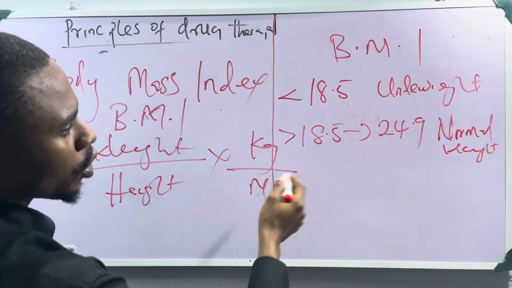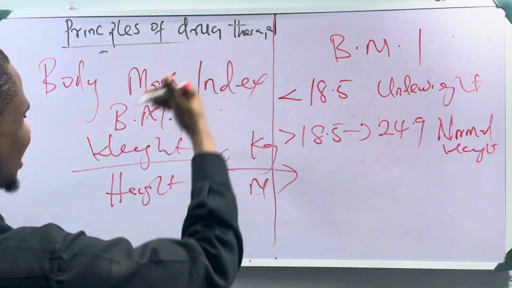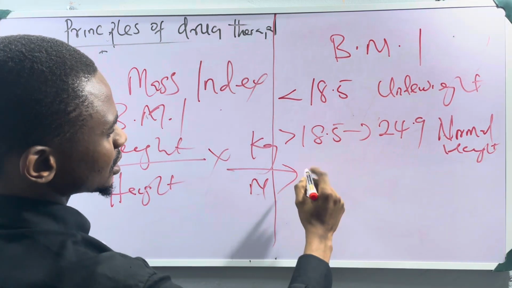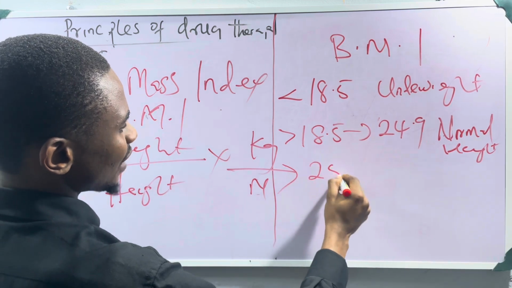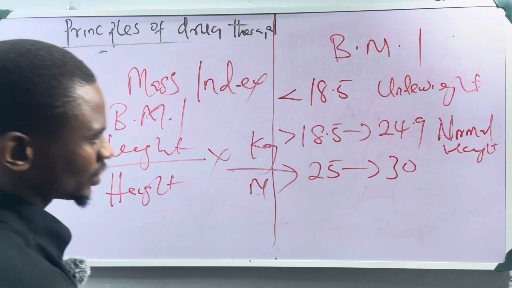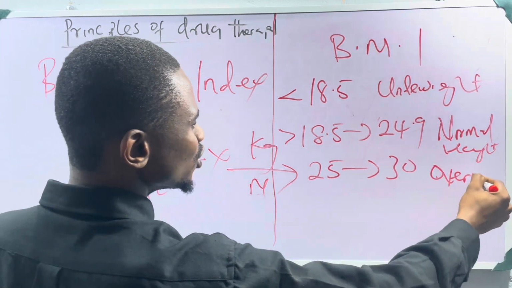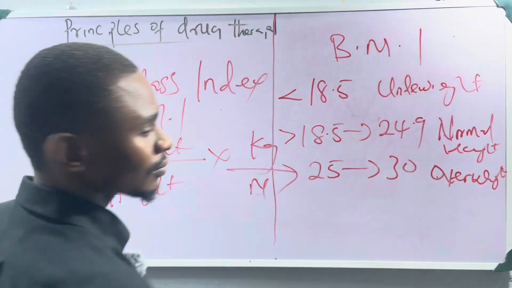Then someone who is overweight is somebody who, after checking height and weight, is around 25 to 30. A range of 25 to 30, this person is overweight. That's only when you know if the person is actually overweight.